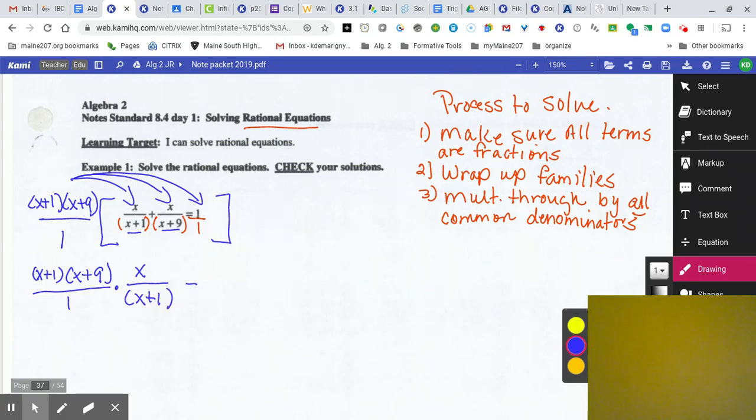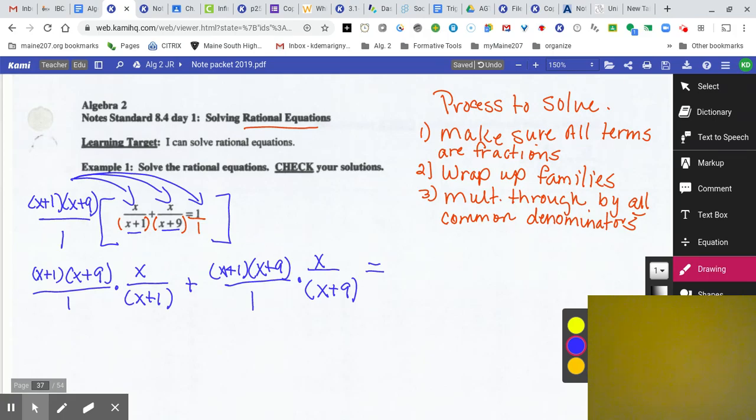Then there's a plus sign. And then I'm going to multiply these two, x plus 1 times x plus 9 over 1, times the second term, which is x over x plus 9. And I know this seems very long and tedious, but it is not.